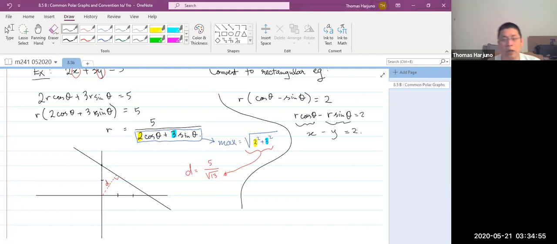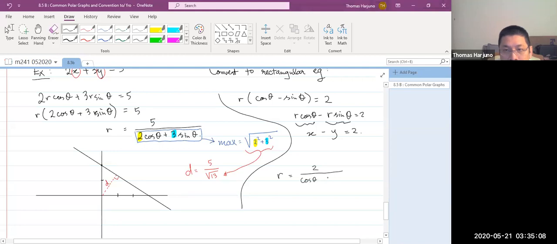Actually, by the way, we can see this so well. Notice that if I solve for r, I will get 2 over cosine theta minus sine theta, right? Now, what is the closest distance? The closest distance d will be 2 over the square root of 1 squared plus negative 1 squared. That's 2 over radical 2, which is radical 2.